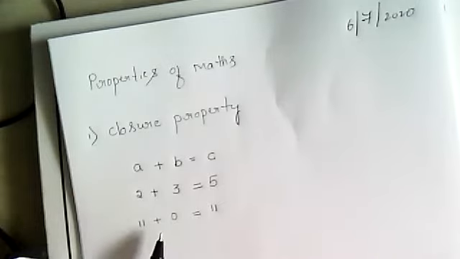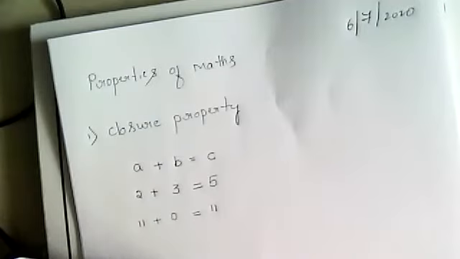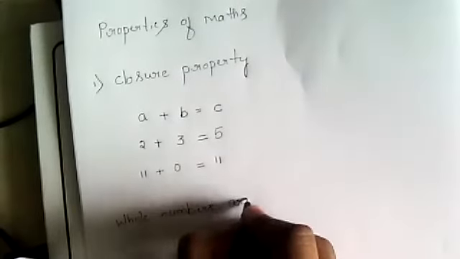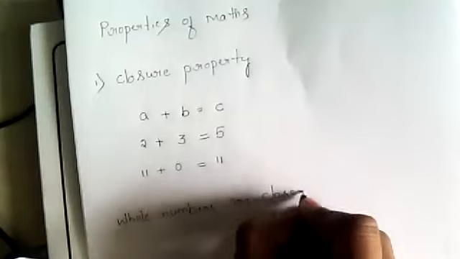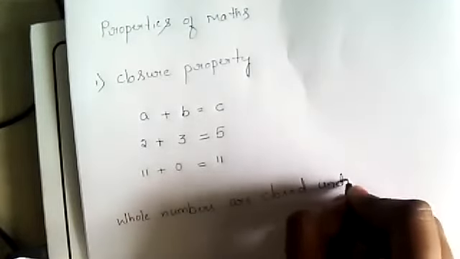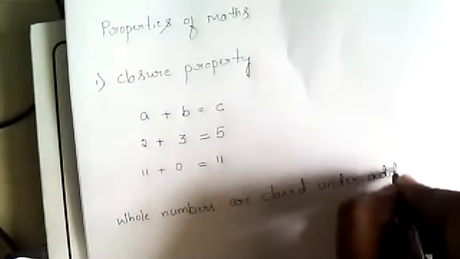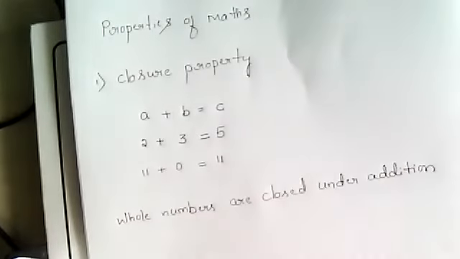So we can say that when we add two whole numbers, the result will always be a whole number. So we can say that whole numbers are closed under addition.